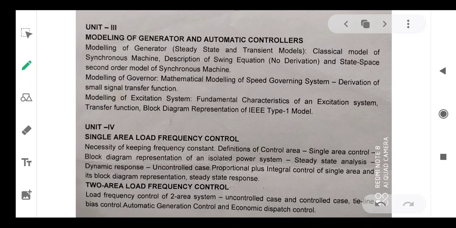So that is about unit 4, which comprises single area and two area load frequency control.